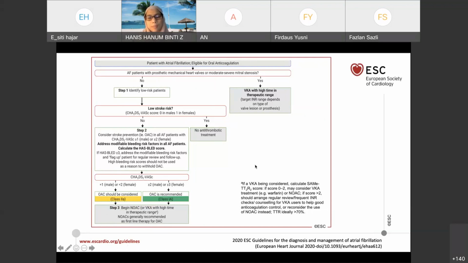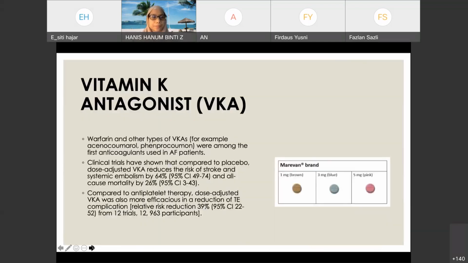So kalau patient nak VKA, your vitamin K antagonist, they have to make sure that the INR is within the therapeutic range of 2 to 3. So ni for example vitamin K antagonist is like your warfarin. You have your 1 milligram, 3 milligram and 5. So usually kita bagi tahu kat patient pilih warna brown or blue or pink, sebab dia tak ingat lah.